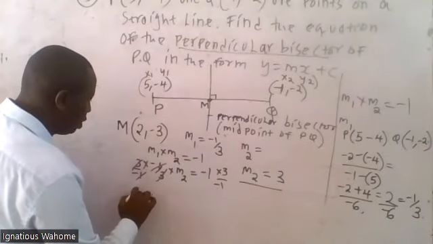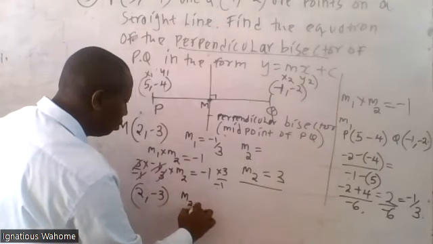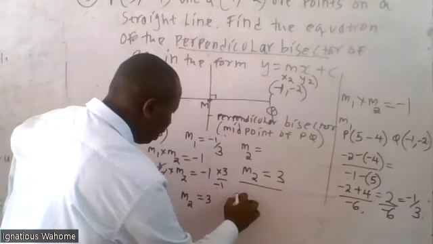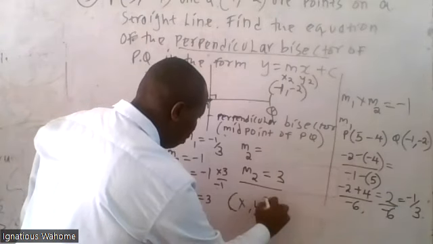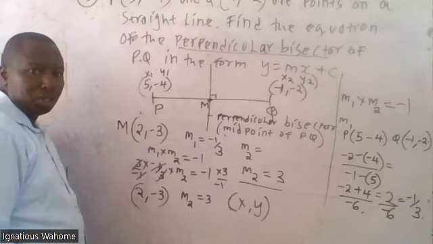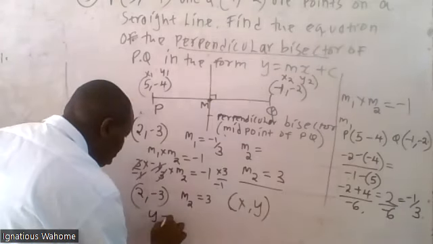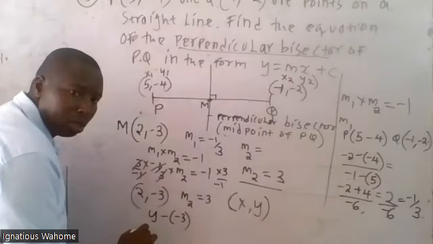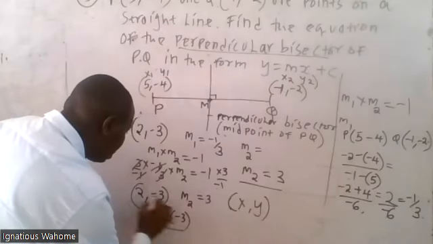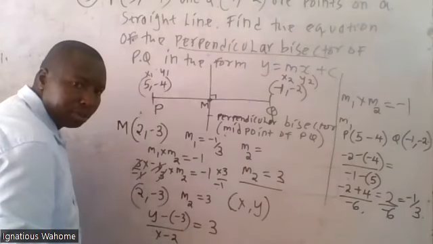Then you have the point (2, -3) and M2, which is 3, and take an arbitrary point (x, y) for the equation. So very simple: (y plus 3) over (x minus 2) is equal to 3.